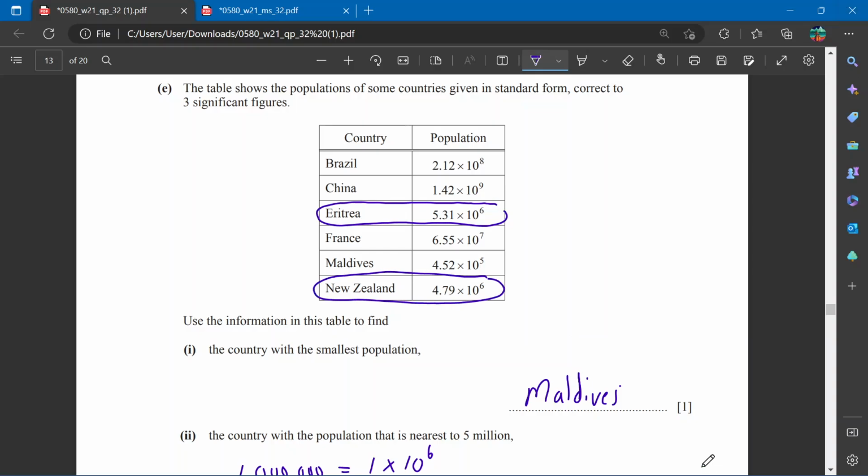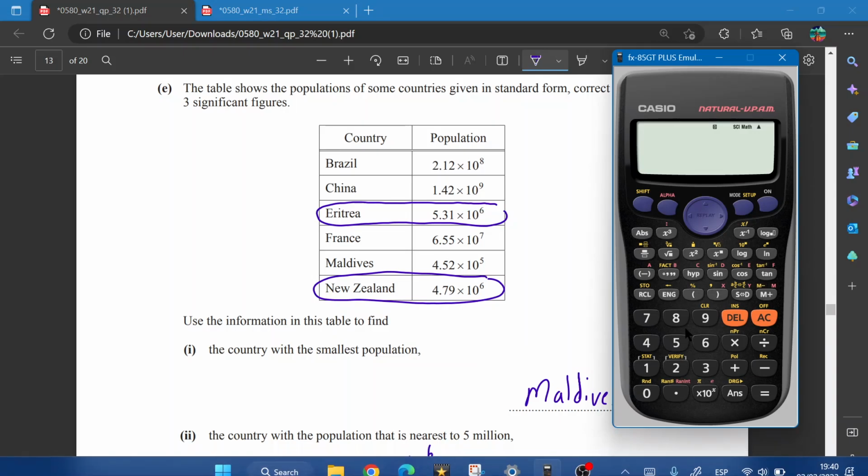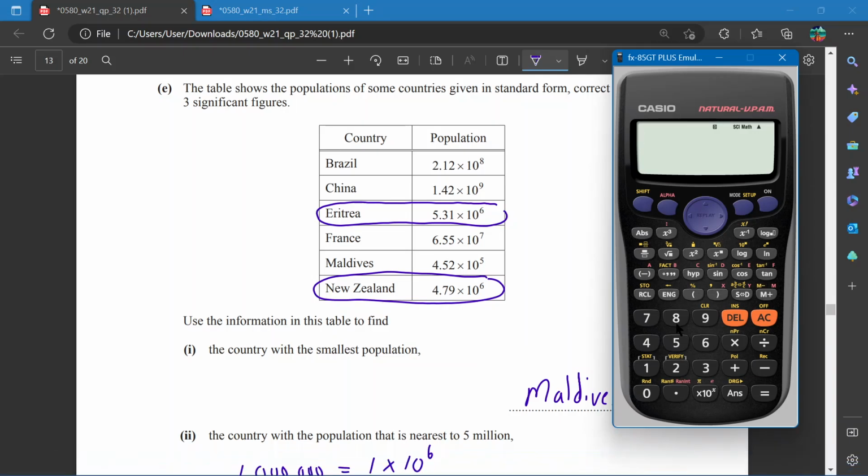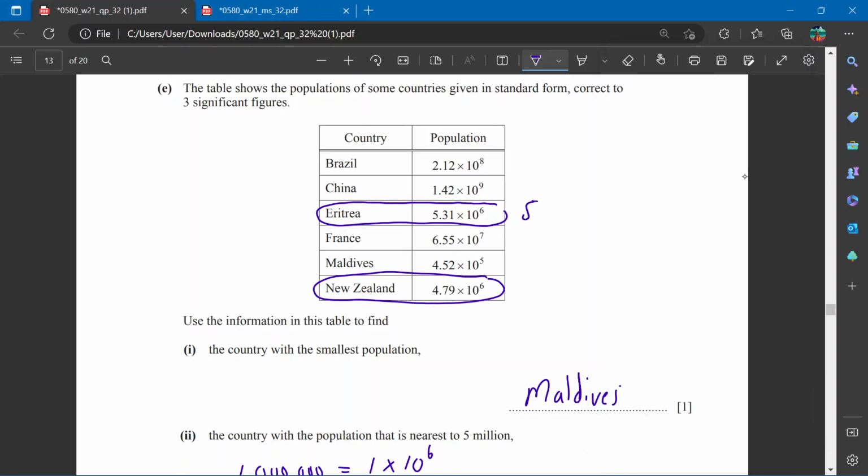Okay, so remember what I said, you can put that into your calculator. Let's see, 5.31. Press this button here, put 6. We put that in. We want it as normal. Press shift, setup, normal, 2. There we go. 5,310,000. That's what Eritrea's got.